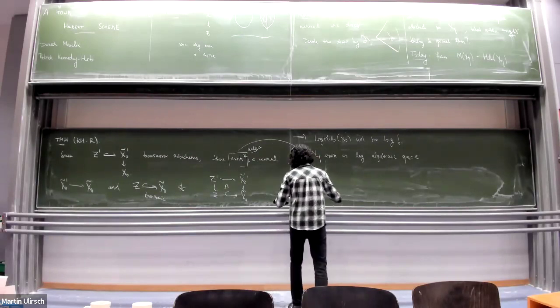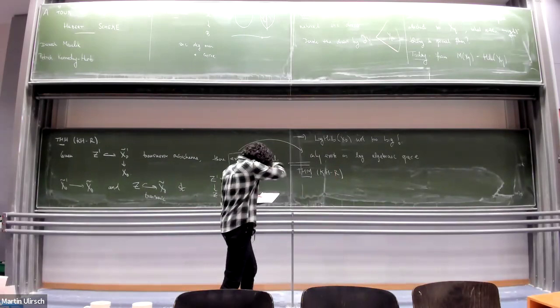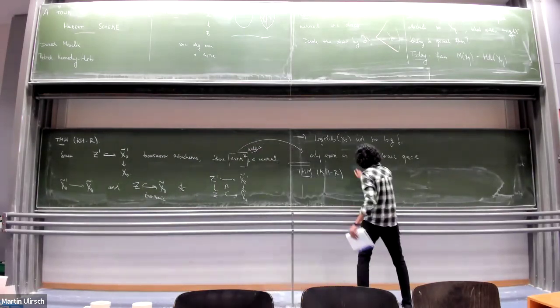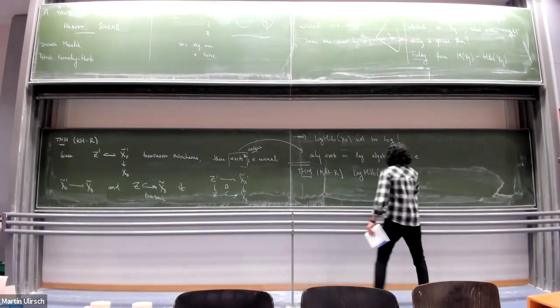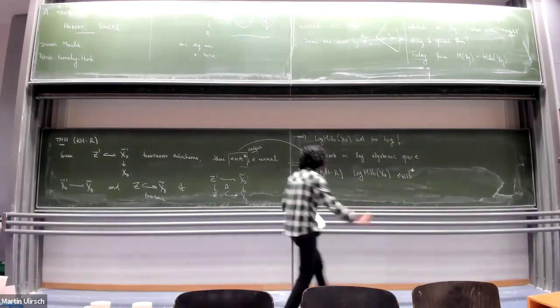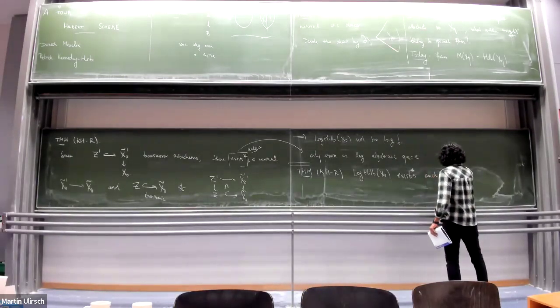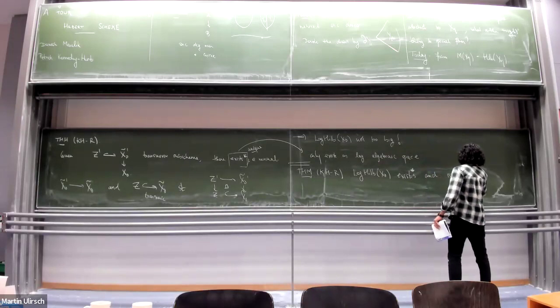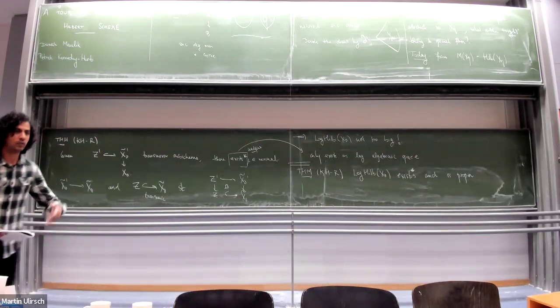Okay, and then theorem. Log Hilb of X naught exists, with the same caveat. And moreover, it is proper. So it exists and is proper.